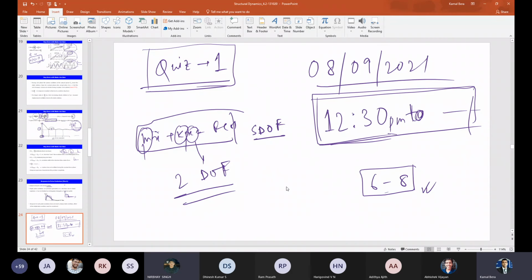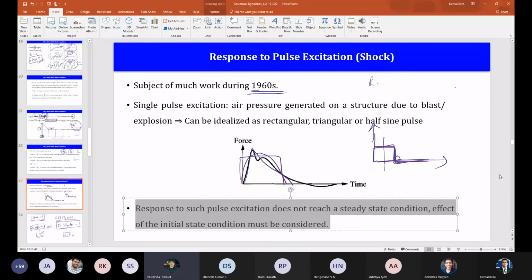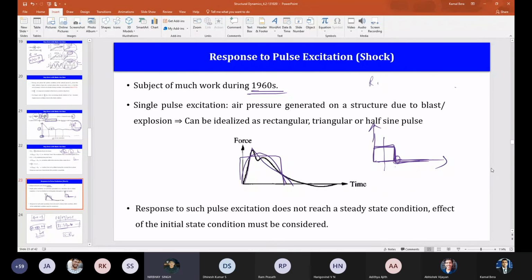Sir, can you explain that point one more time? The steady state, previous slide, pulse excitation. This one. The last point. Like the steady state, it is coming to zero? No, steady state is not coming to zero.